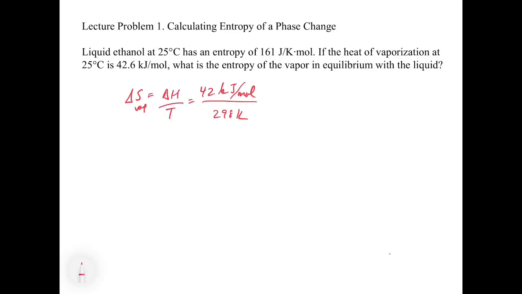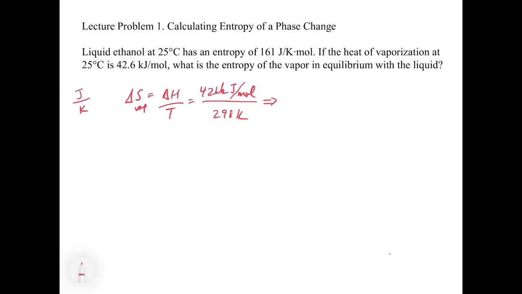So now we're back to chapter 6, where all of our temperatures have to be converted into Kelvin because we need to be on an absolute scale. And if you remember, the units of entropy have to be in joules per mole Kelvin. So we have to convert this kilojoules per mole into joules per mole.